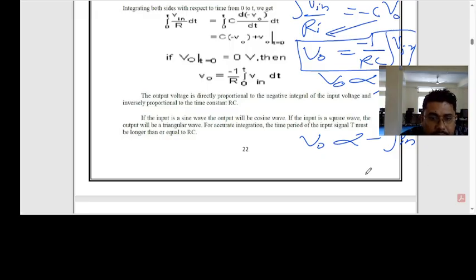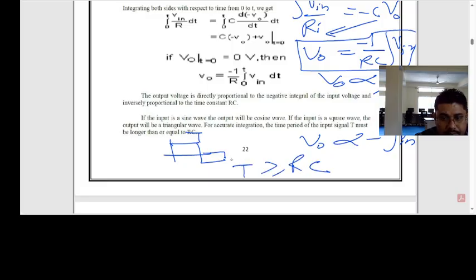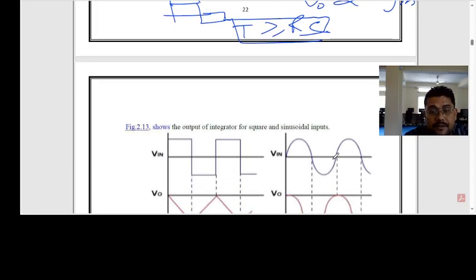If the input is a sine wave, the output will be a cosine wave, because integration is there. If the input is a square wave, then the output will be triangular, because the integration of a square wave is triangular. For accurate integration, the time period of the input signal must be longer than RC. Suppose this is the signal with time period T, again longer than RC; this is the condition for good integration.